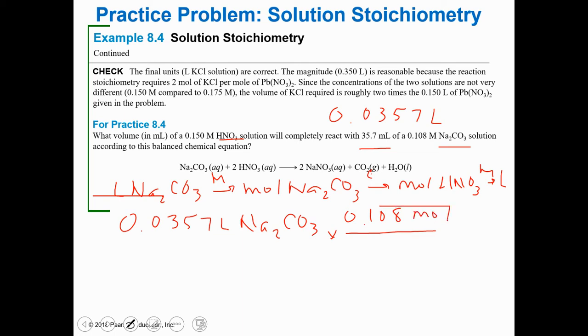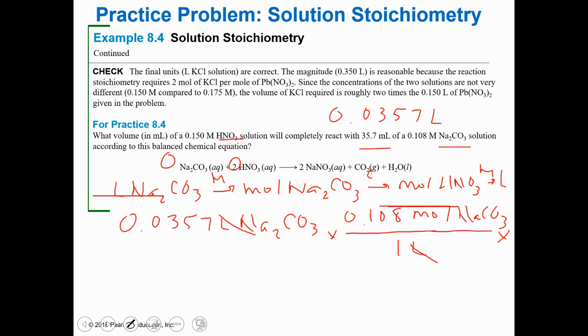So that'll be moles of sodium carbonate over 1 liter. Then those liters cancel, so now I'm in moles of sodium carbonate. I can go to moles of the nitric acid using the mole-to-mole ratio, and it's going to be 1.